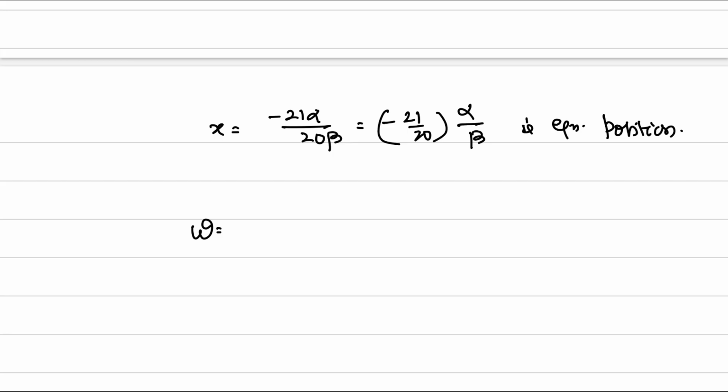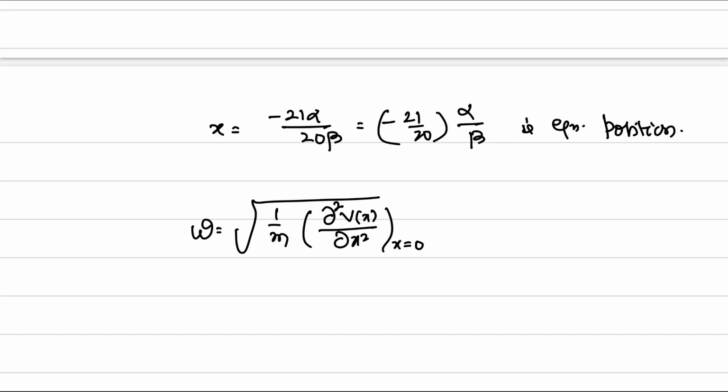Angular frequency is the square root of 1 by m into dou square V(x) by dou x square at x is equal to 0. Please see the change, because here we have not taken theta, it is x.